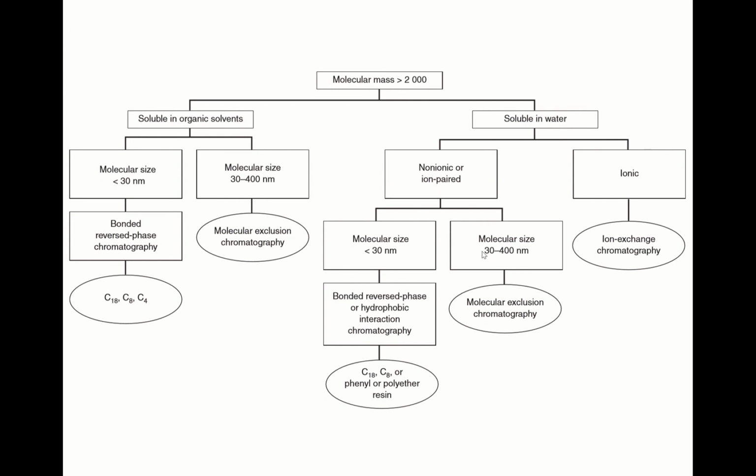If molecular size is between 30 and 400 nanometers, molecular exclusion chromatography is the one. And if the solute is quite ionic, then ion exchange chromatography is the answer. These two tricks are a good guide.